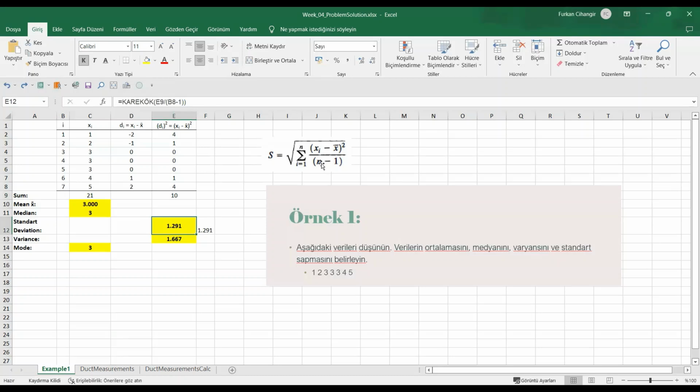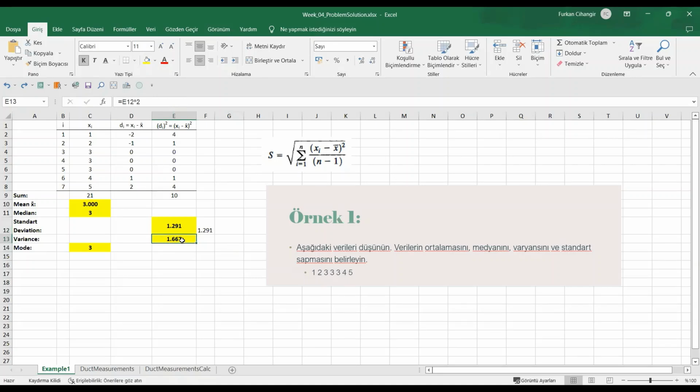Okay. Here, this is B8, now minus 1. And I'm just going to take the square root of it. So here, this is the square root, and you see the square root formula here. And that would be equal to my standard deviation.